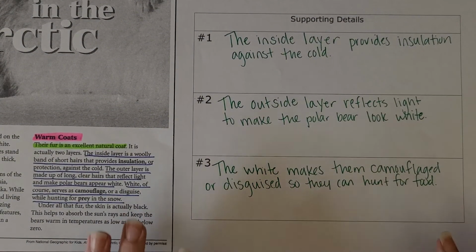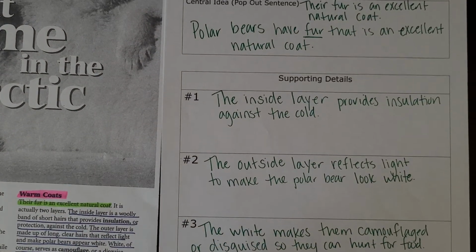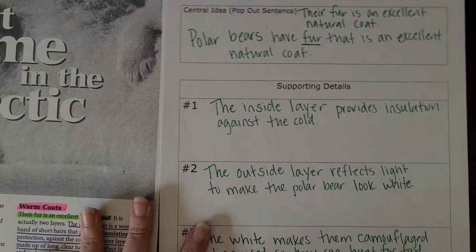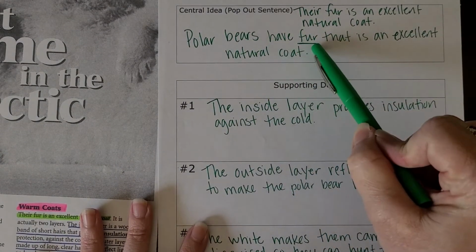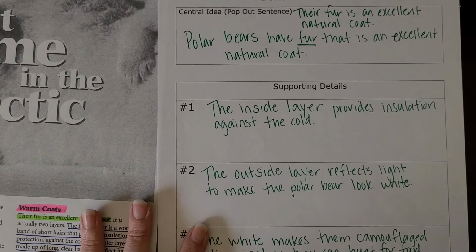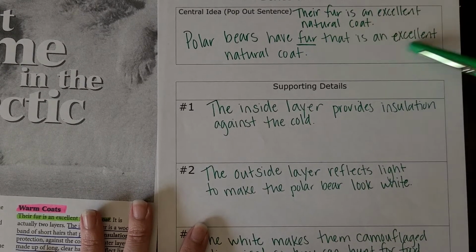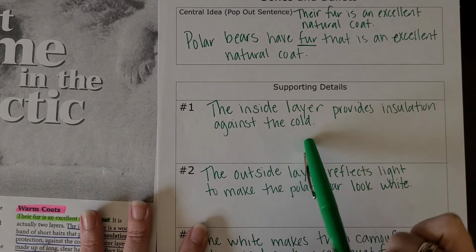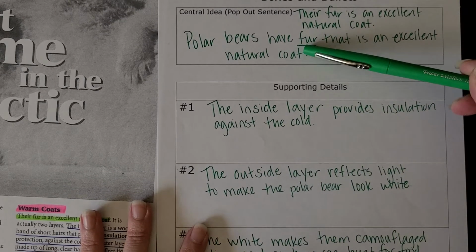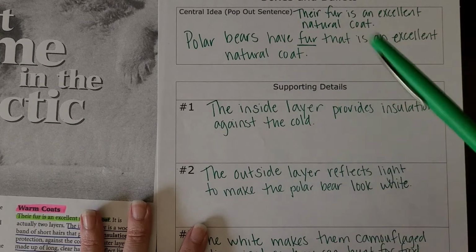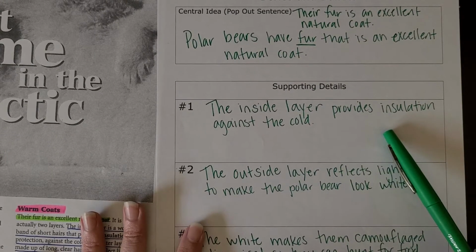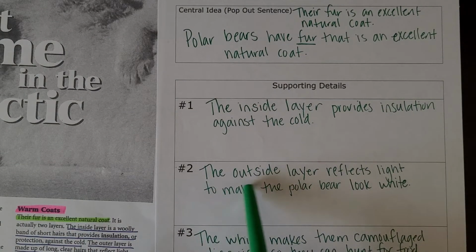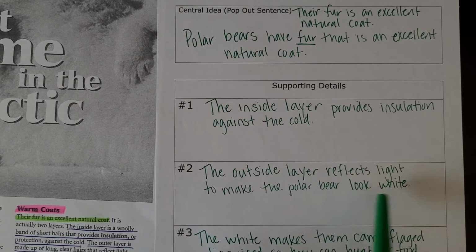Okay, so now I have my pop-out sentence and my details that support my pop-out sentence. I said my pop-out sentence was, polar bears have fur that is an excellent natural coat. Since I'm talking about the polar bear's fur, I have to make sure all of my details go back to support this main or central idea. The inside layer provides insulation against the cold. That talks about the fur and how it's like a coat. Coats insulate against the cold, keep you from getting too cold. It keeps you warm. The outside layer reflects light to make the polar bear look white.